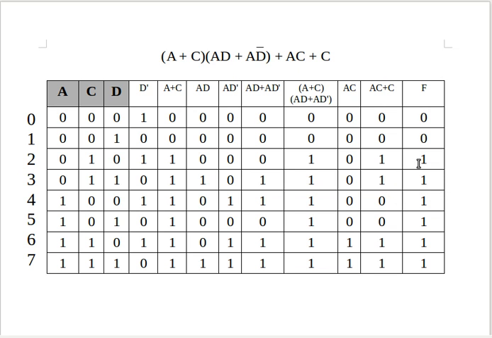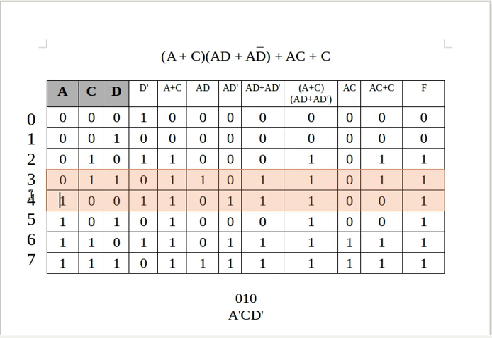So the next thing was to find the sum of products. How do I find the sum of products? I'll take the 1. What's this one? It's A' C D'. So the first one is, let's draw 0 1 0, which is A prime, which is not A, C and D'.